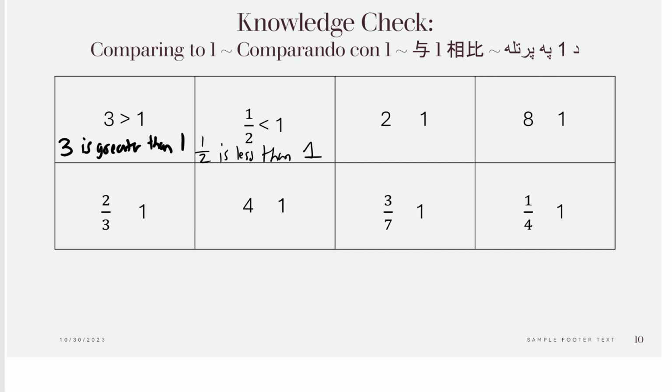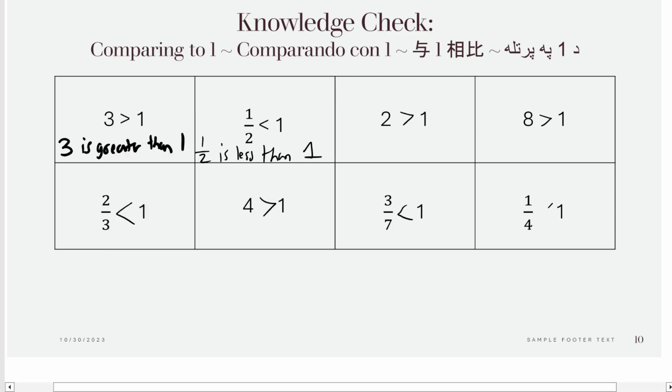Next, we have 2. Is it greater than or less than? The answer is 2 is greater than 1. 8 is greater than 1. 2/3 is less than 1. 4 is greater than 1. 3/7 is less than 1.